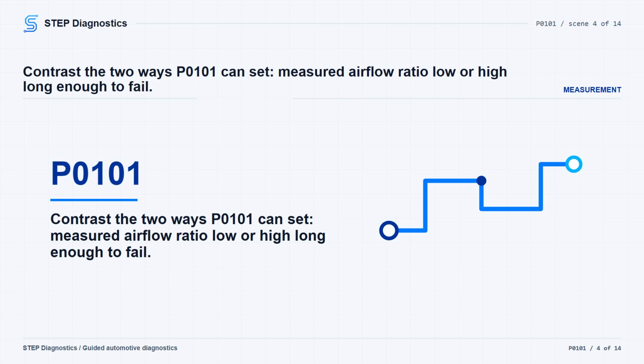Once those gates are met, the monitor runs continuously for greater than 1 second. The code can set if the measured to estimated mass airflow ratio is too low for greater than 1 second or too high for greater than 1 second. Set and clear behavior follows Type B handling.